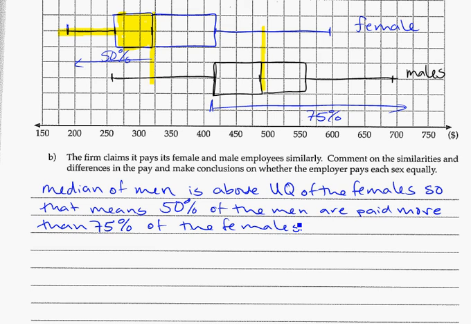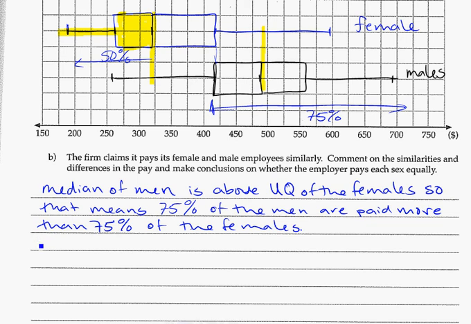What else do we have? And actually, if we come back and look at this, really, it's not just that the median is outside the box, but again, sorry, that's 75% of the population. So we can actually say that 75% of the men are paid more than 75% of the female. That's a pretty significant difference.